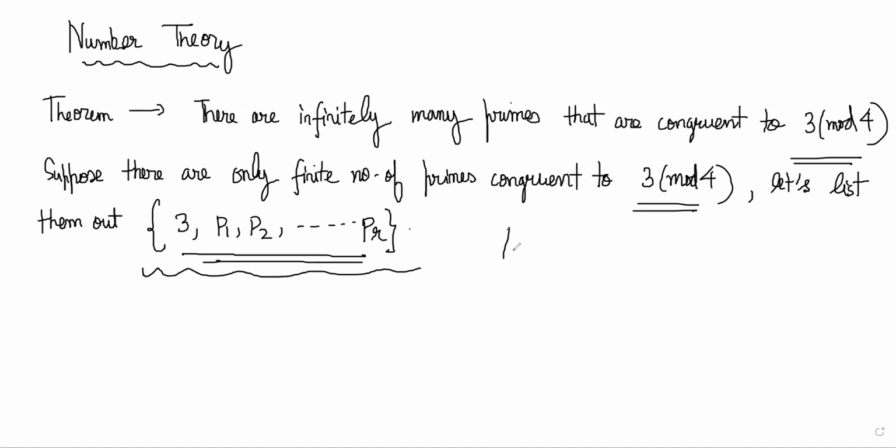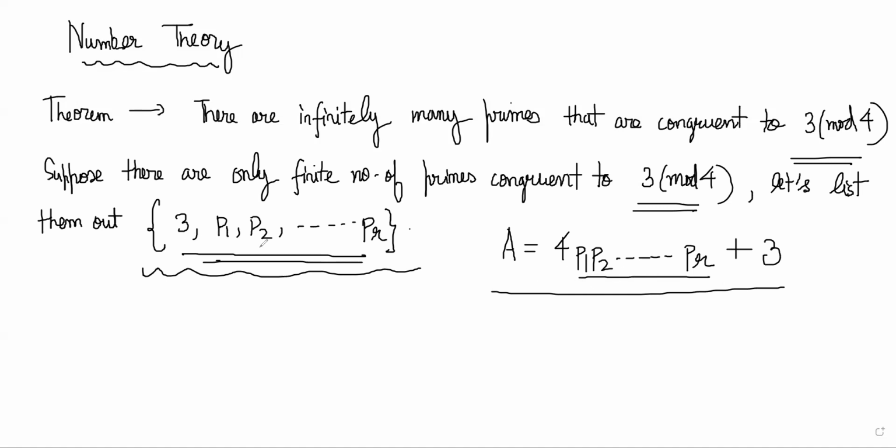Now consider the number A. We are going to take a number A which is of the form 4 P1 P2 till PR plus 3. Notice here that I have not included 3 in the initial product. The product is of P1, P2 till PR, multiplied by 4, plus 3.